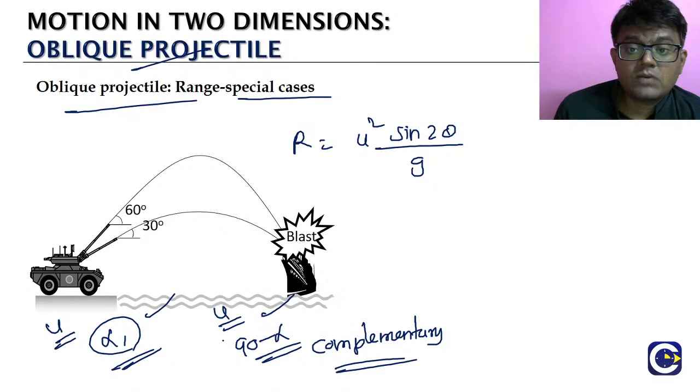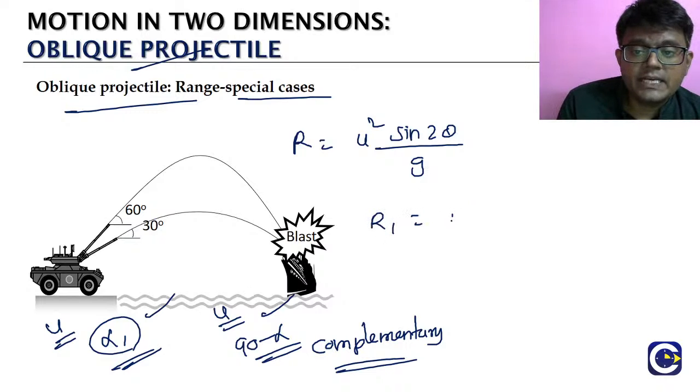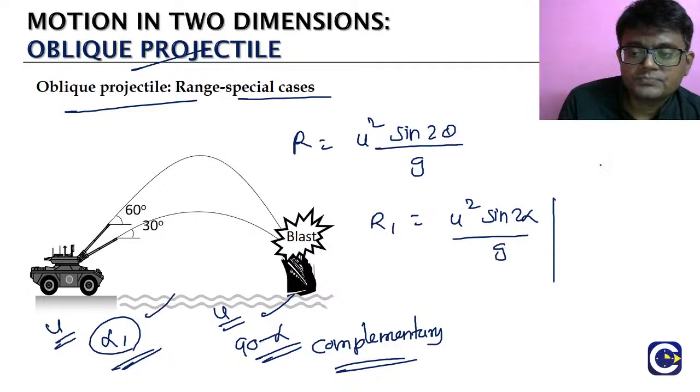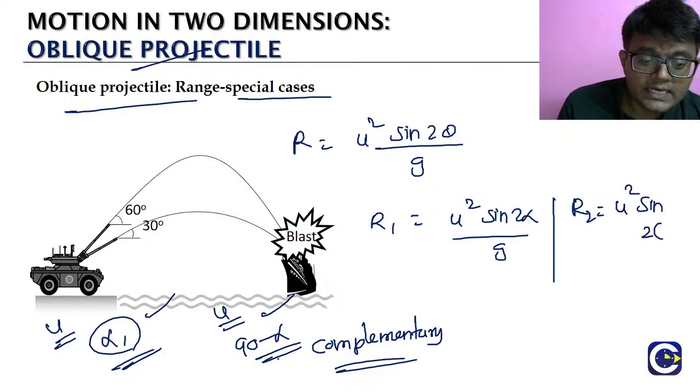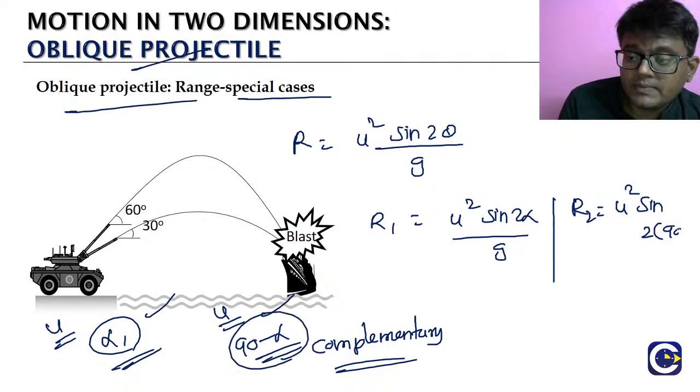So the angles of projection are complementary. Look here, the first projectile range is u square sin 2 alpha by g. The second projectile range R2 is equal to u square, the same velocity, sin 2 times the angle 90 minus alpha, by g.